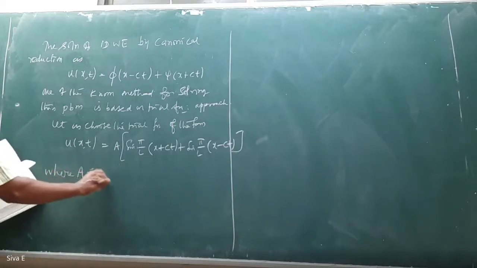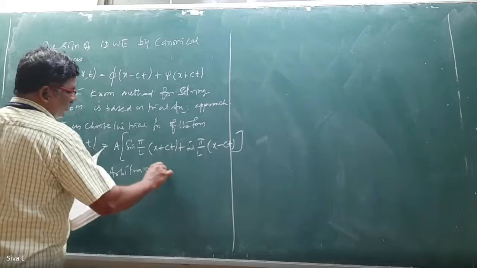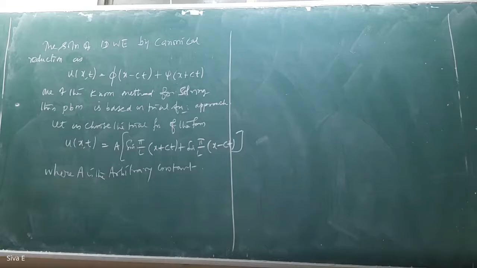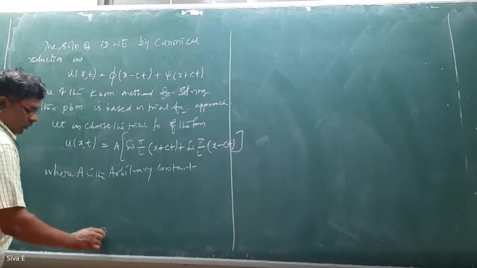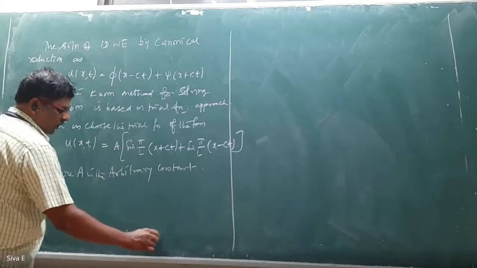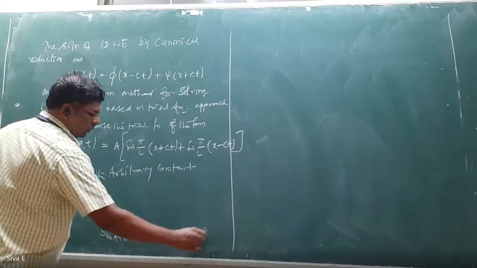Where A is the arbitrary constant. So sin A plus sin B formula is 2 sin((A+B)/2) into cos((A−B)/2).